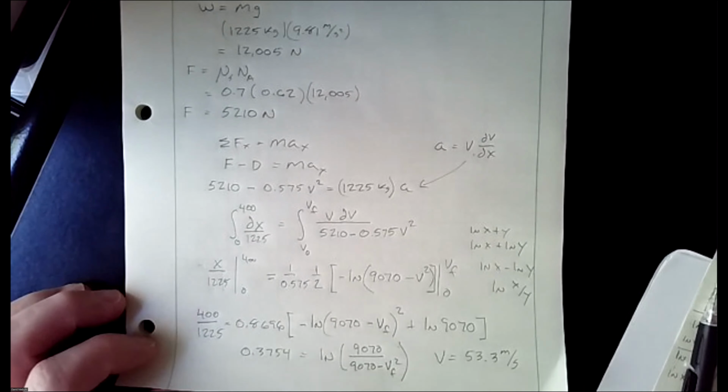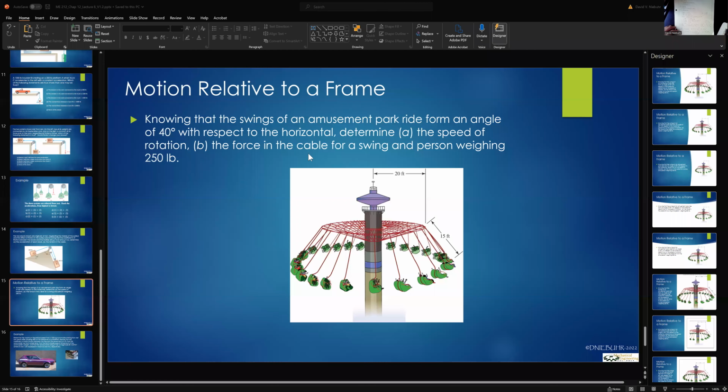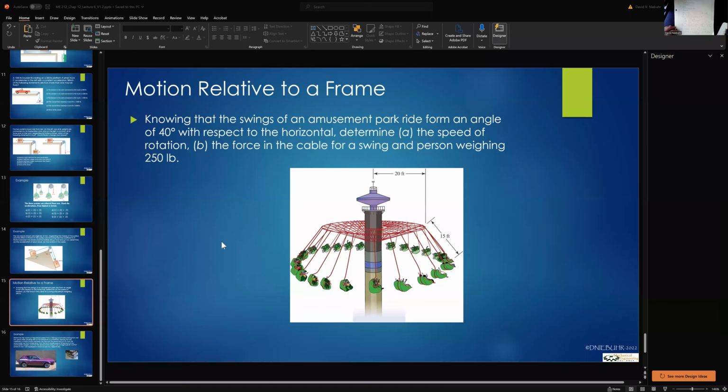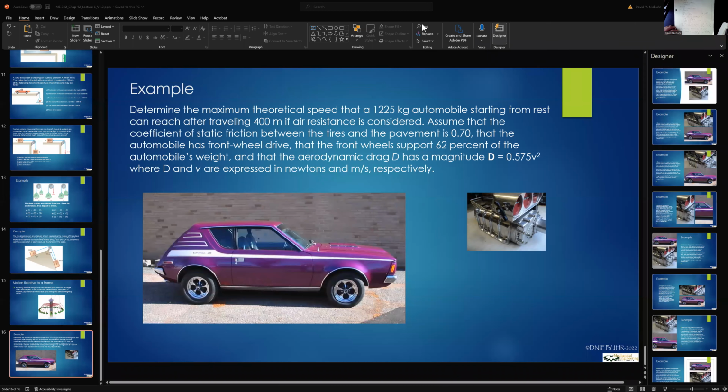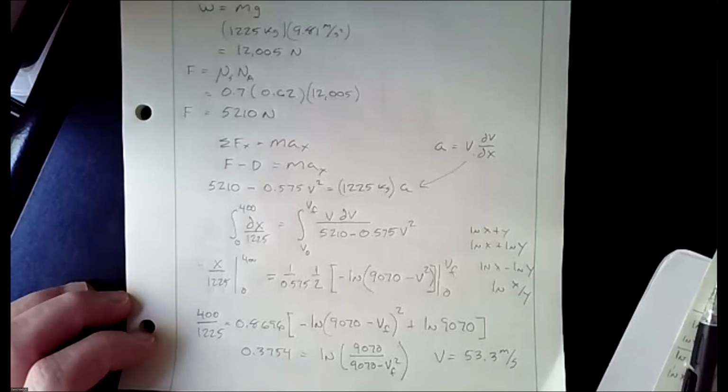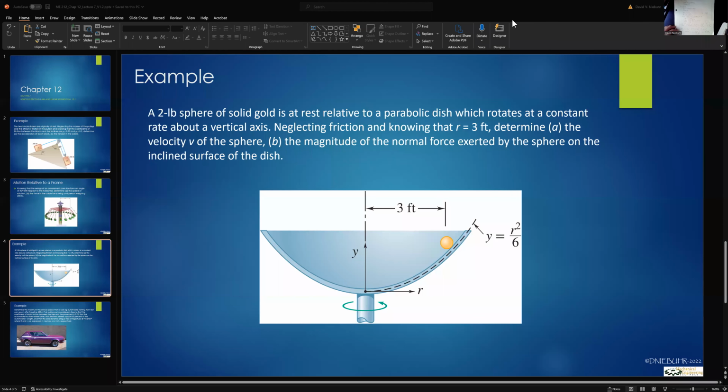Let's go ahead and do another example. So we did this one in class. And actually, hold on a sec. There, the beauty of pause. So here we have a problem. This was one that I'd done in class also. This was similar to the one where we had the carnival ride where people were spinning in a circle.